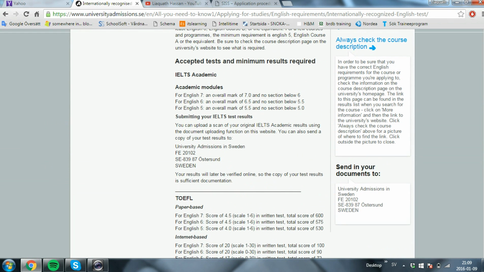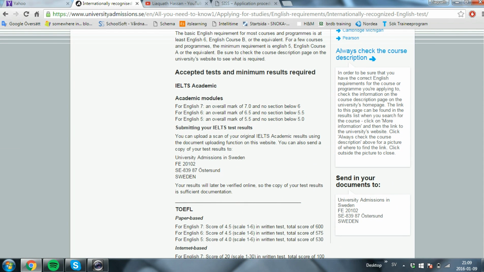We can see that we need an IELTS band score of 6.5. That is on most of the university websites. When you look at the application, you will find that they have English B or 6. Many don't understand what it is, but it's clearly mentioned here that English 6 is an overall mark of 6.5 and no section below 5.5. So this is the basic requirement.